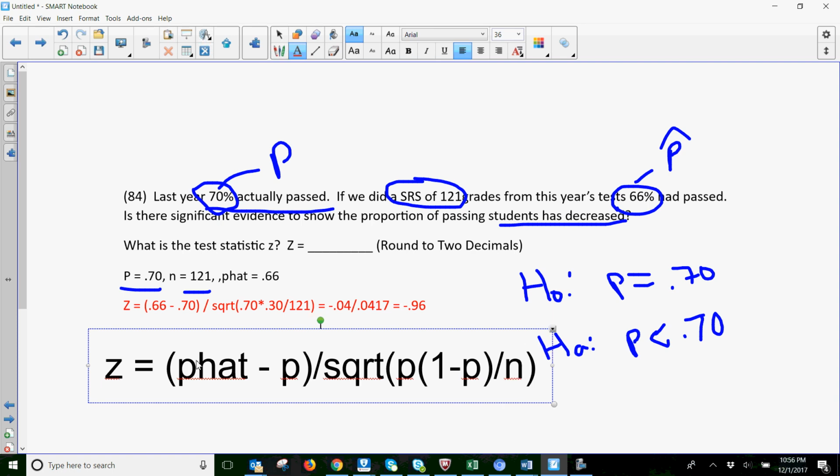So let's take note that p hat was 0.66 and we're subtracting p. That's the null hypothesis, because that's what we know they've actually passed.